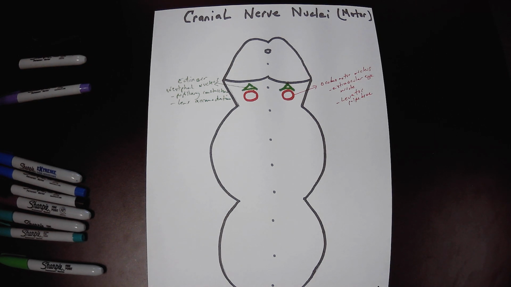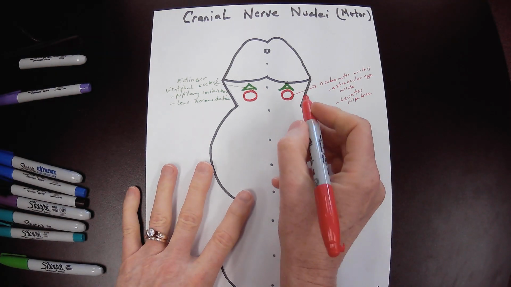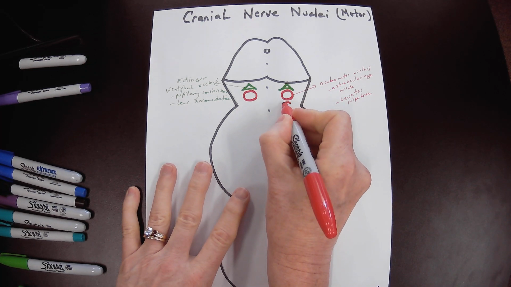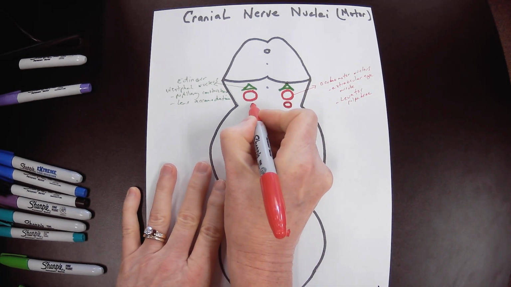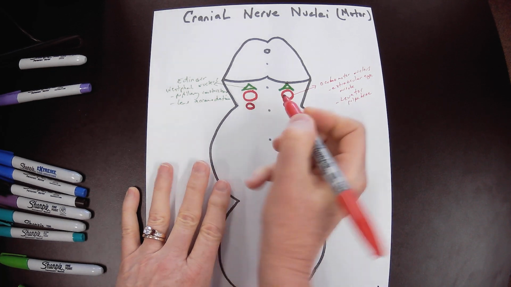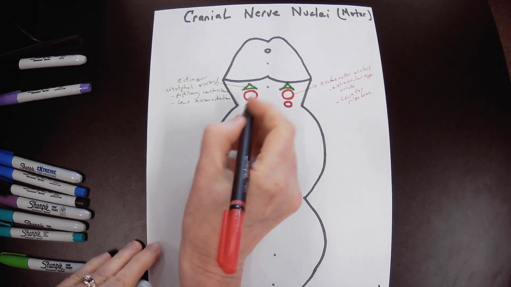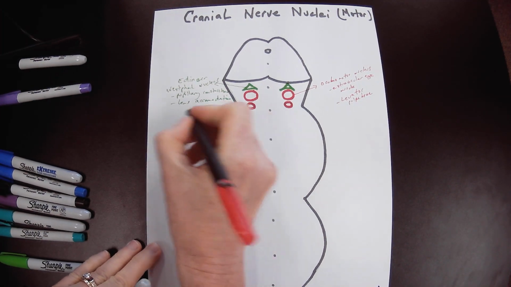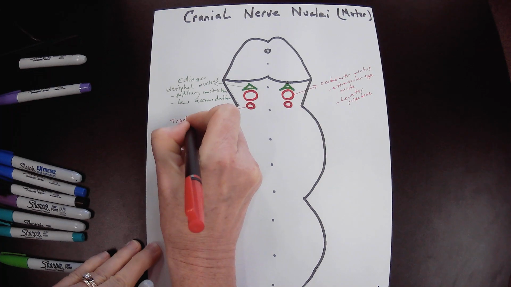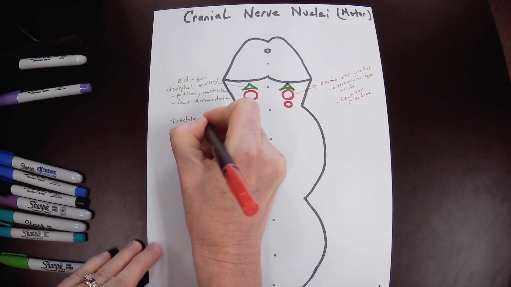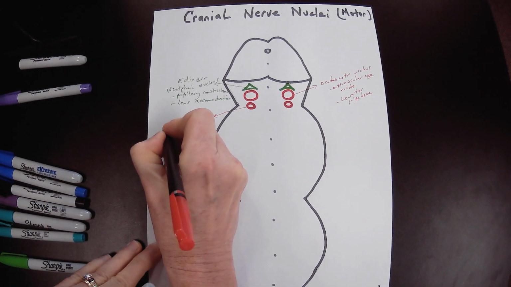Moving on down, cranial nerve number 4 also has a motor nucleus associated with it. It is at the level of the inferior colliculus, in the midbrain, and this is going to be your trochlear nucleus.